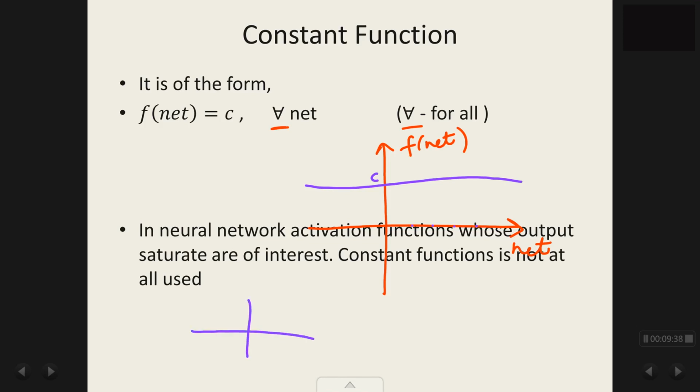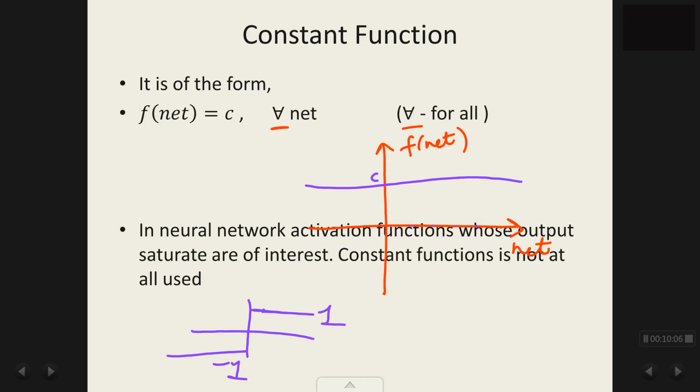There should be say two levels, and the output should saturate finally at a higher level or at a lower level. So the levels may be 1 and -1, the levels may be 0 and 1, the levels may be anything. But what we are interested in is that the output should be lying between any two levels and it should be bounded by these two levels.